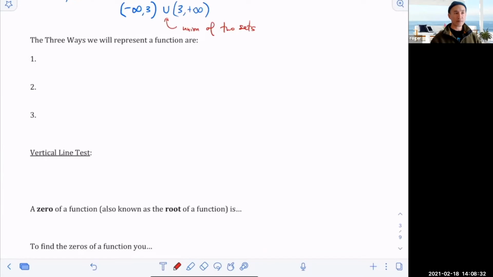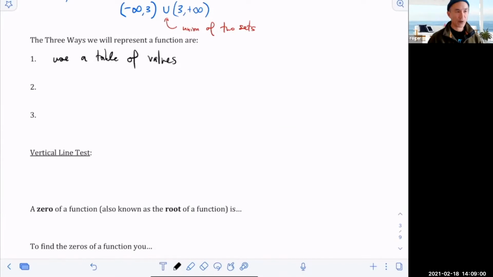So there's three ways that we can represent a function. The first way is using a table of values. We don't do this very much in this class. We do this to sort of help us graph things. Like we'll create a table and then plot a bunch of points at first just to get a rough idea of the shape of a graph.